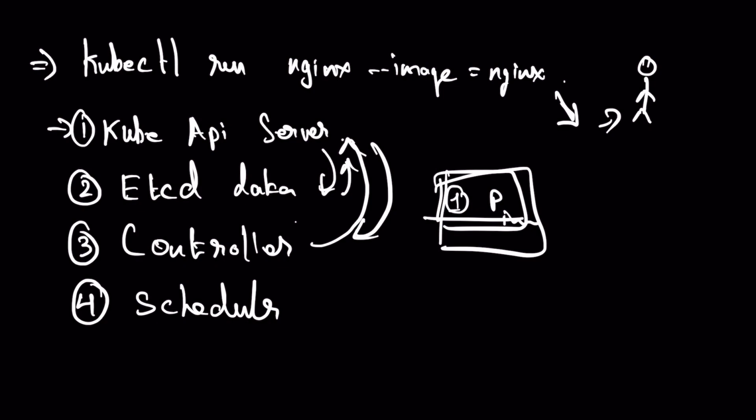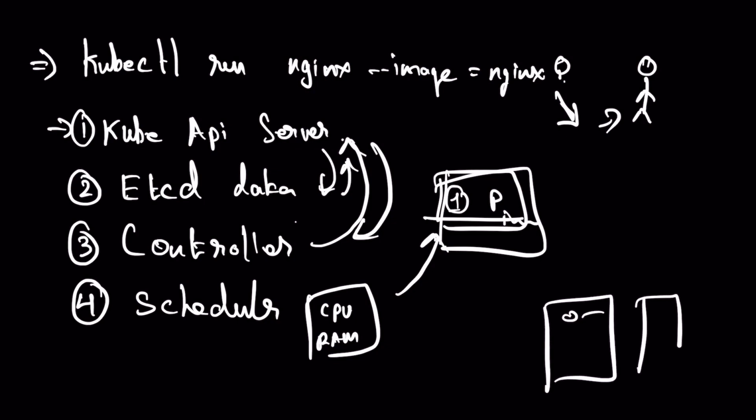So this request also will have a default CPU constraint and default RAM constraint, everything. If we are not specifying it in this command, an automatic allocation that's defined for the particular namespace would be allocated. So scheduler will go through and check how much CPU, how much RAM is requested by this particular pod. And then now it goes through and scouts the cluster for all the available nodes.